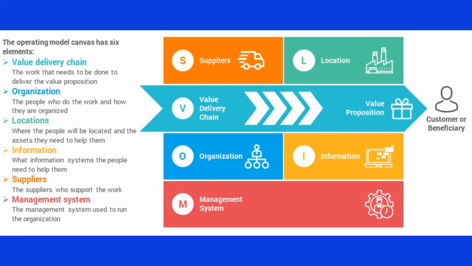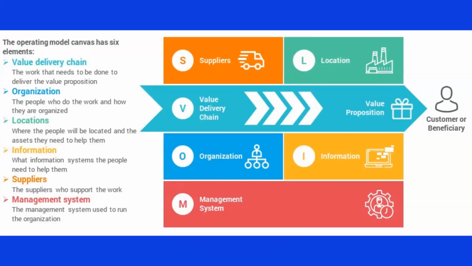Every department has them, or every function has them. And for the purposes of this presentation, we will be focused on, obviously, the IT side of things. You can look at this one now, and like I said, it was high level, so it's a value delivery chain. There's an organizational part to this, locations, information, suppliers, and a management system.